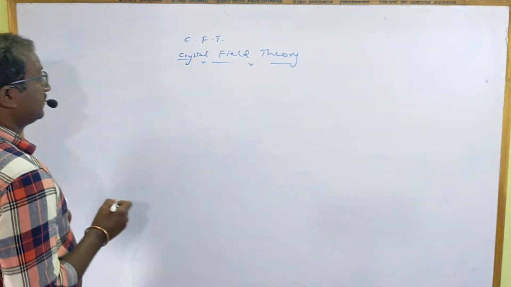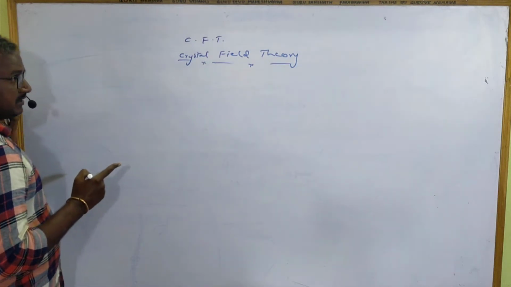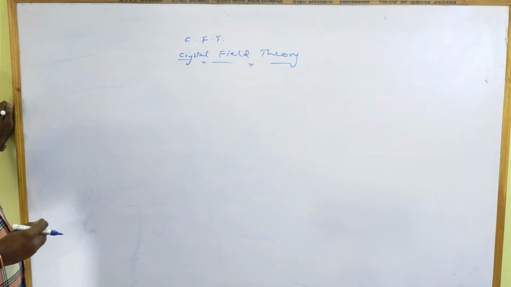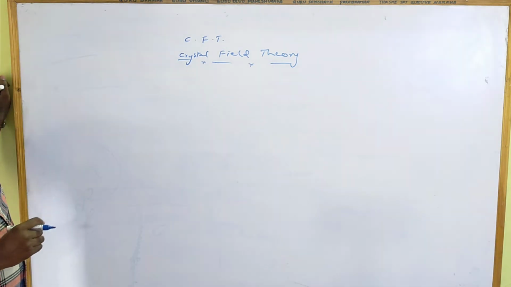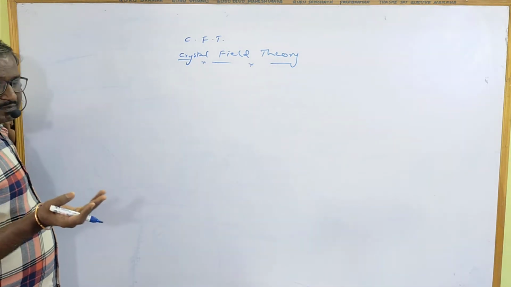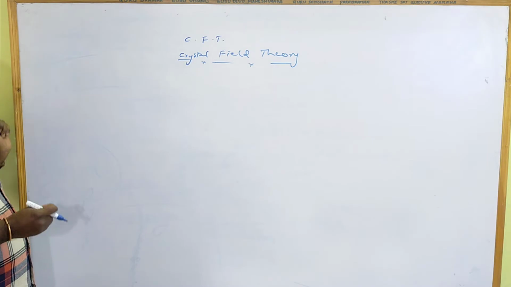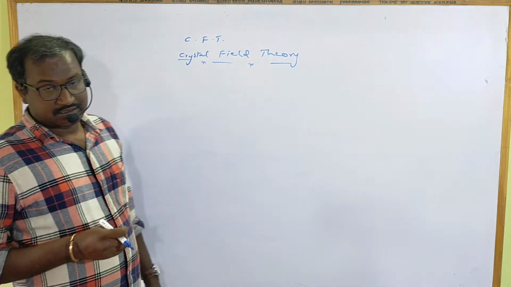First, it is a theory that evolved from the failures of valence bond theory. Valence bond theory explains hybridization, geometry and so on.